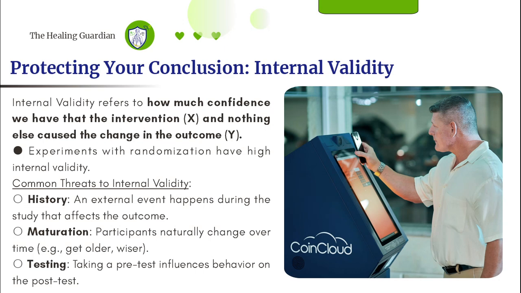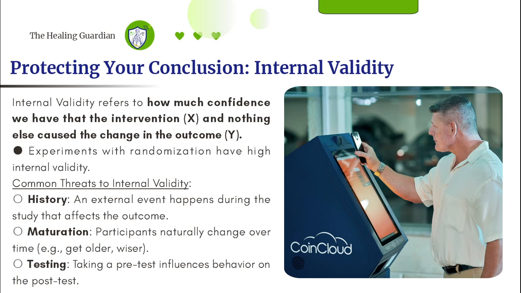You may not be 100% sure, but internal validity is the measure of how much confidence. Meaning the higher the internal validity, the higher the reliability of the experimental results. Experiments with randomization have high internal validity because it controls for other confounding factors. So if you use an experimental design without randomization, it has lower internal validity.